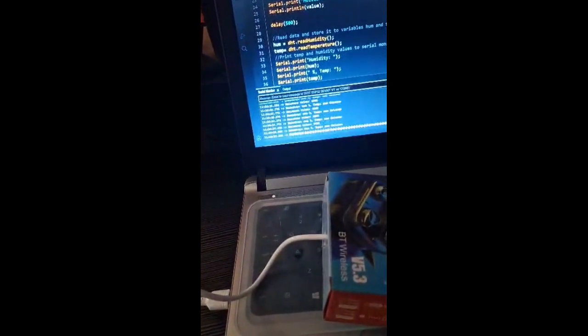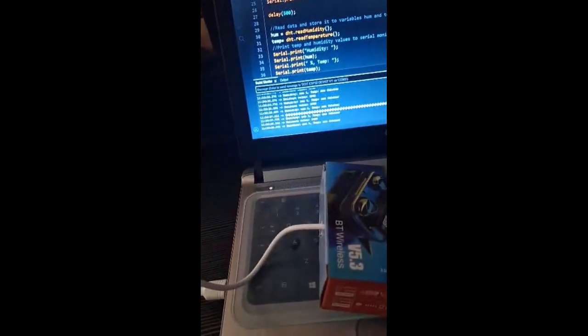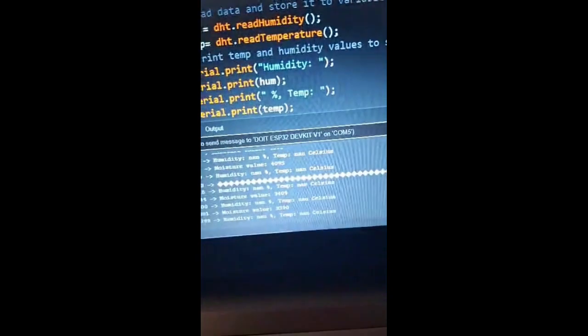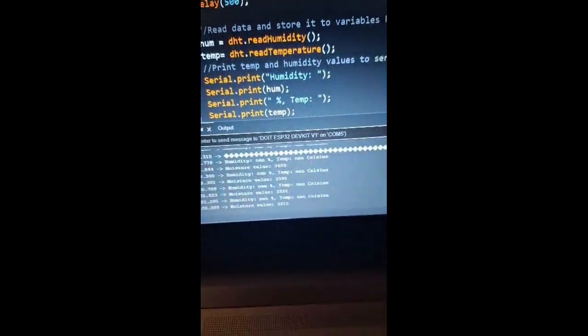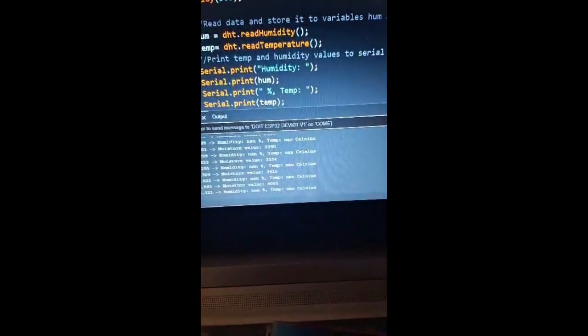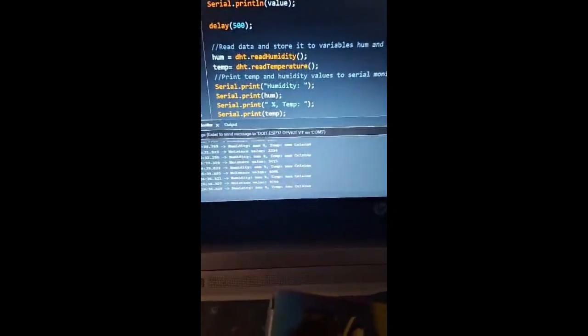Now for the moisture sensor, to test it, I basically have to wet my fingers and touch the sensor. There it is. That's all.